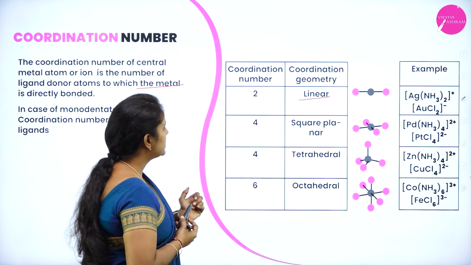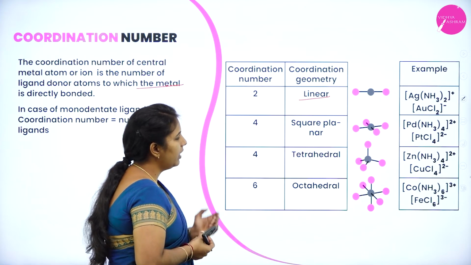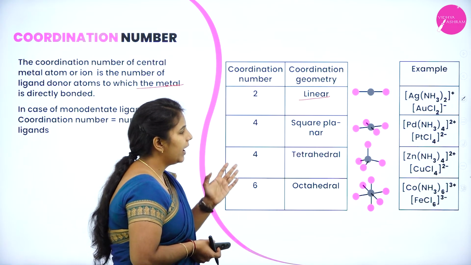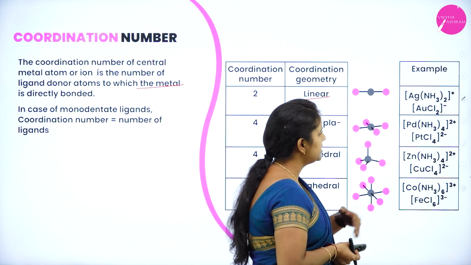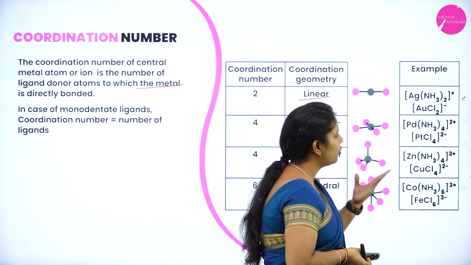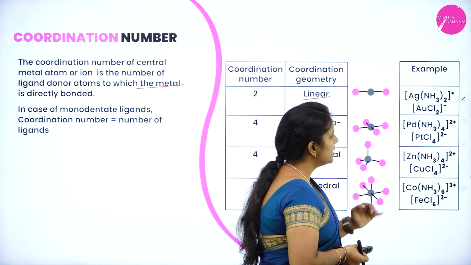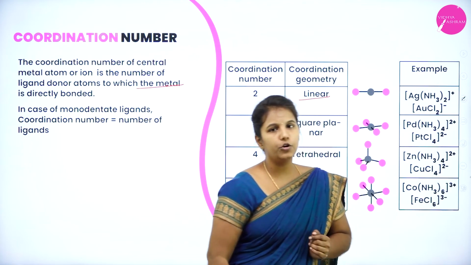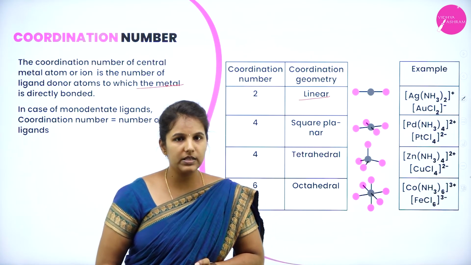Next is coordination number 4. Usually it has square planar structure, and the examples are tetrachloropalladate 2 minus, and similarly the tetraammine palladium 2 plus ion.